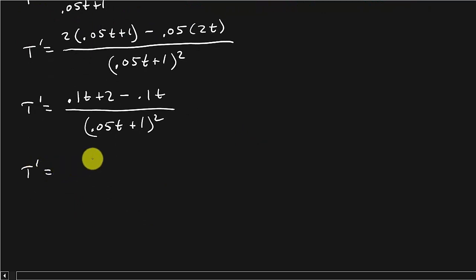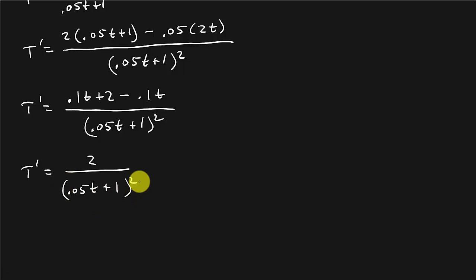And so T prime is 2 over 0.05t plus 1, and all of that squared. All right, so now what do we have to do?